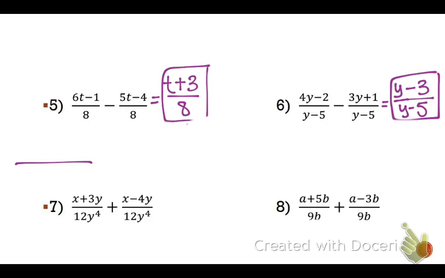Now, what will stay the same, at least for now, is my denominator: 12y to the fourth. Might not be the prettiest denominator, but it's going to stay the same for now. In my numerator, I'm taking x plus 3y plus x minus 4y.